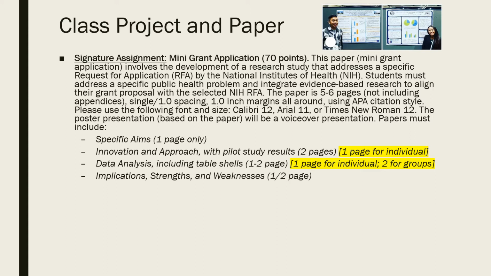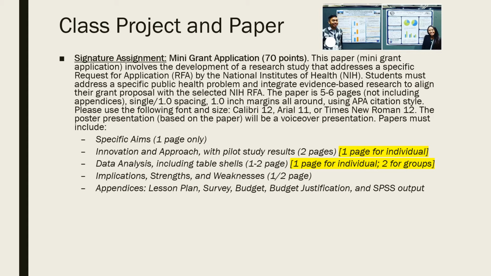What are the public health implications? What impact are you making? Those are the types of things you might add into the implications. And then for your appendices, your lesson plan is really just the PowerPoint that you already did, which was considered your mini intervention.